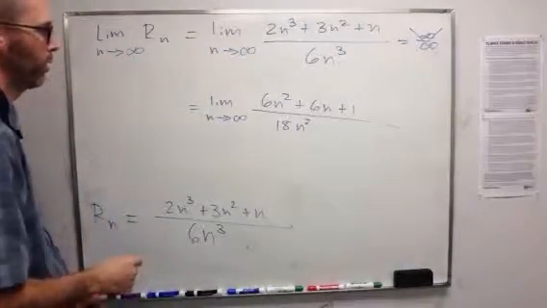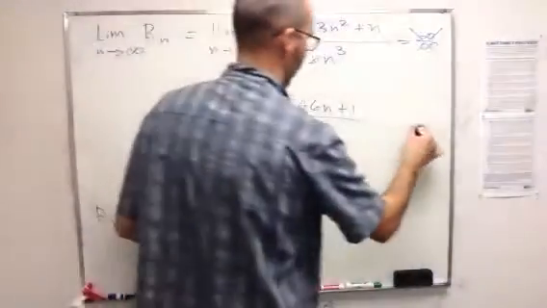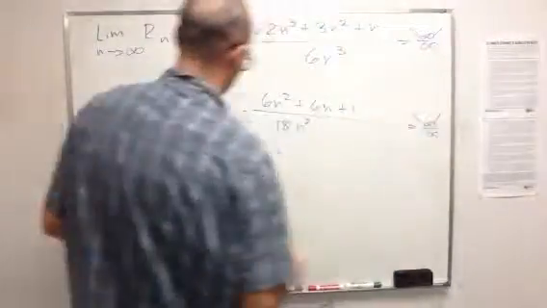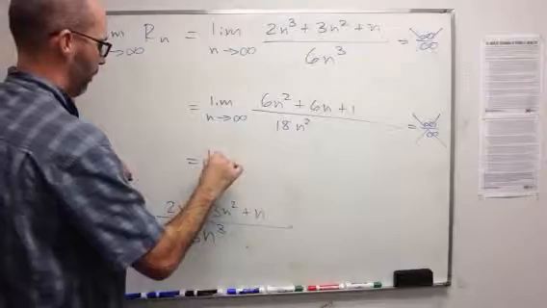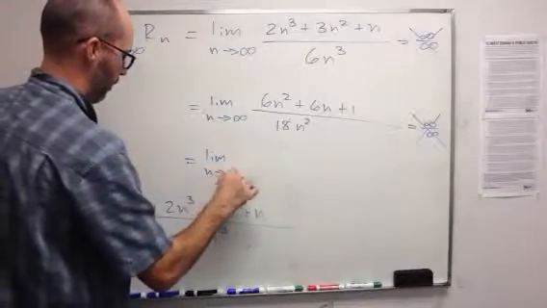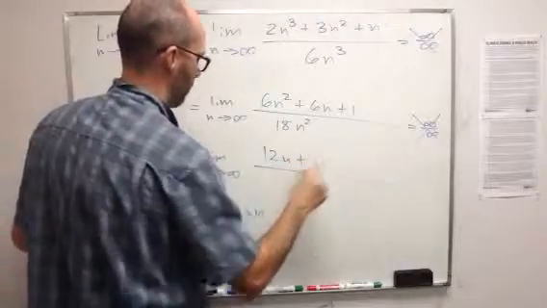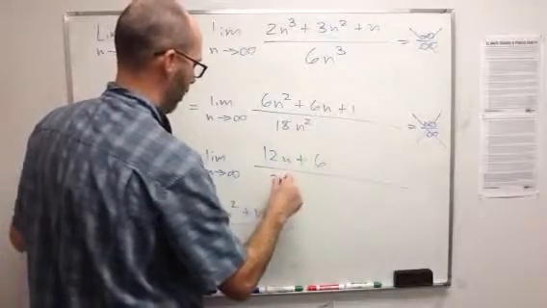Again, plugging in infinity, we get infinity over infinity. We don't know what that means. Take the derivative top and bottom. We get 12n plus 6 over 36n.